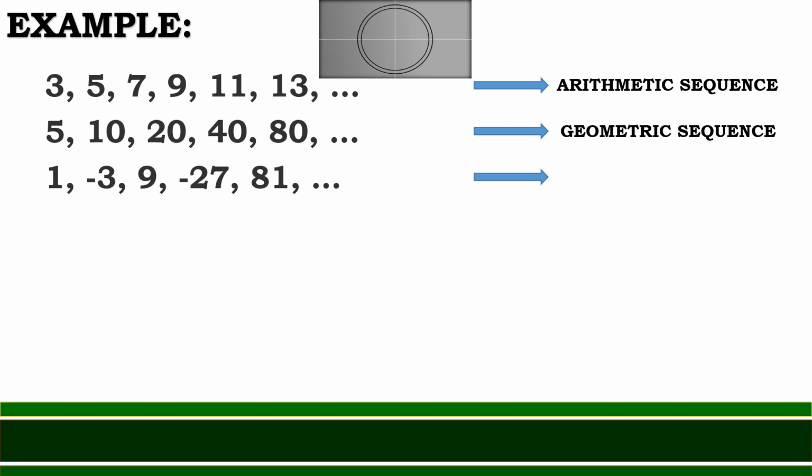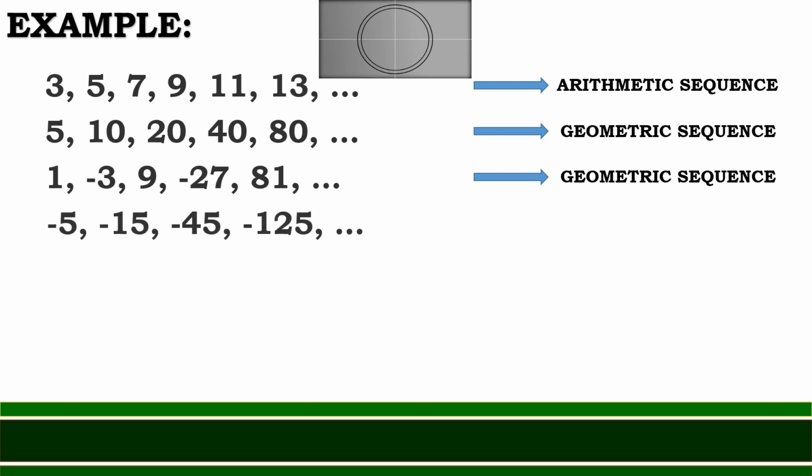So, 1 multiplied by negative 3 is a negative 3. Negative 3 multiplied by negative 3 is a positive 9. Positive 9 multiplied by negative 3 is negative 27. Negative 27 times negative 3 is positive 81. So it means this sequence is geometric sequence. Okay? So another.